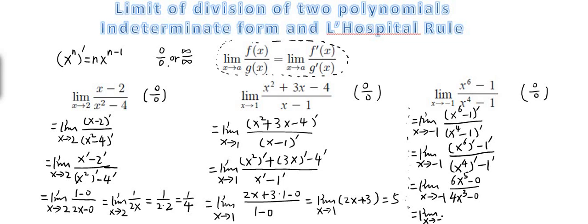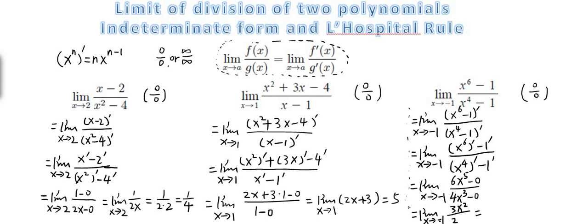X approaches -1, and 6 over 4 can be simplified to 3 over 2, and x to the power 5 divided by x to the power 3, so we can get x squared, right? Because x to the power 5 divided by x to the power 3 is x to the power 5 minus 3, that is x squared.